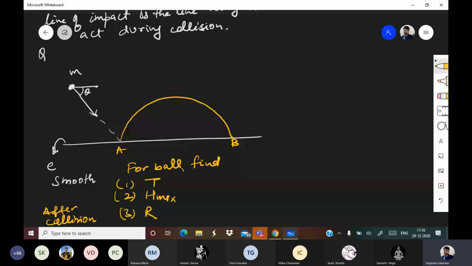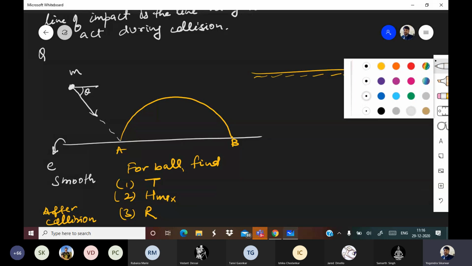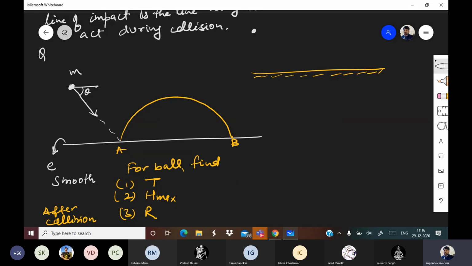Samarth is asking, suppose E is 0, then what will be the case? Okay, Samarth, pay attention. It's a good question. This is the ground, and this is the ball which was coming.